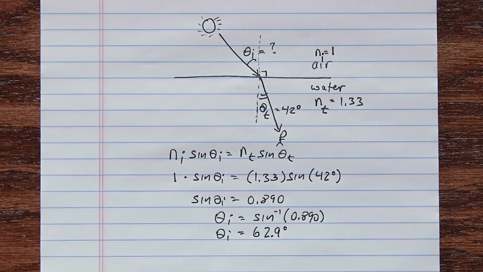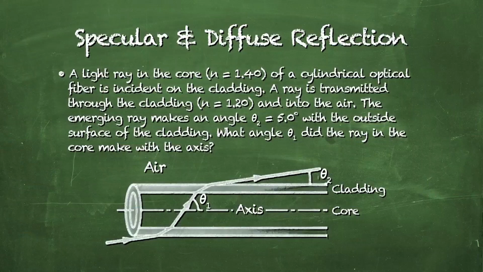Let's work another example. A light ray in the core of a cylindrical optical fiber is incident on the cladding. A ray is transmitted through the cladding and into the air. The emerging ray makes an angle theta 2 equal to 5 degrees with the outside surface of the cladding.